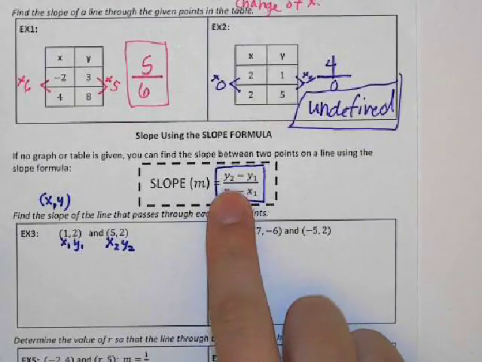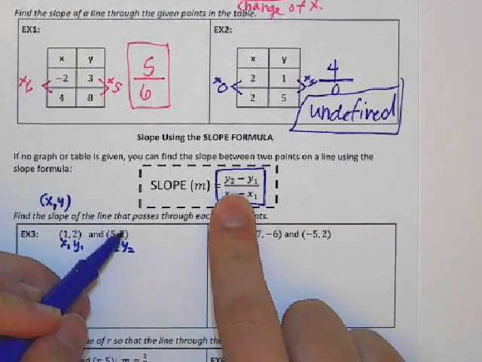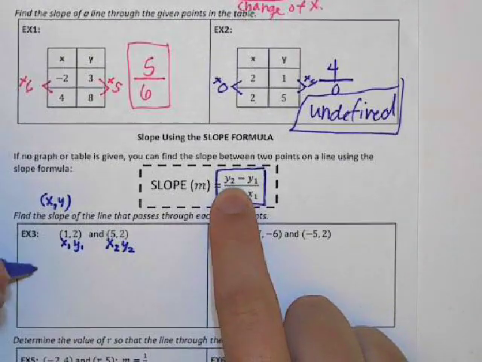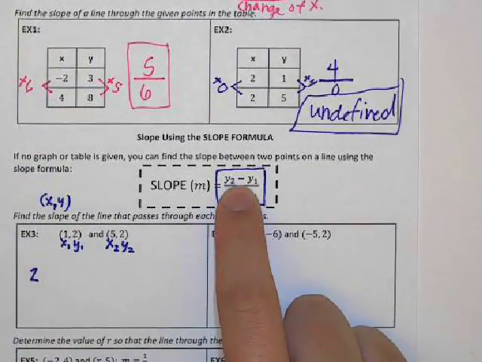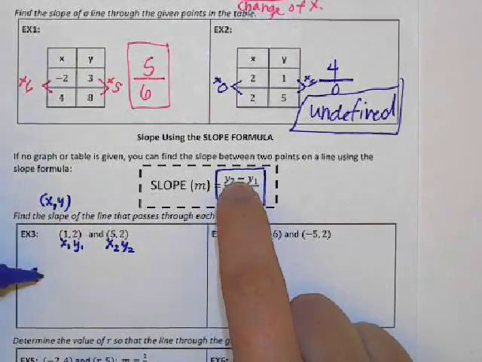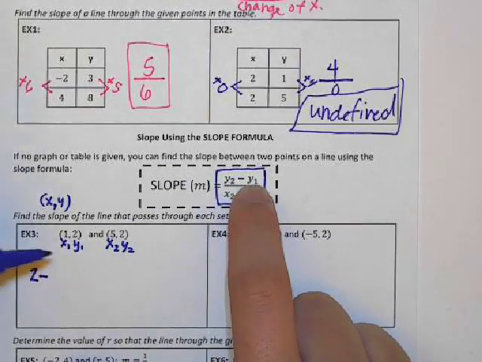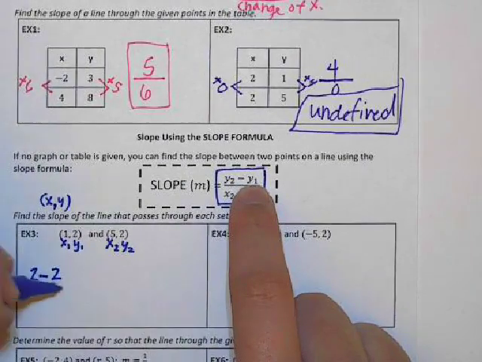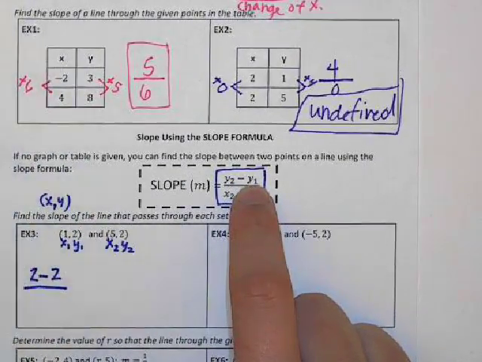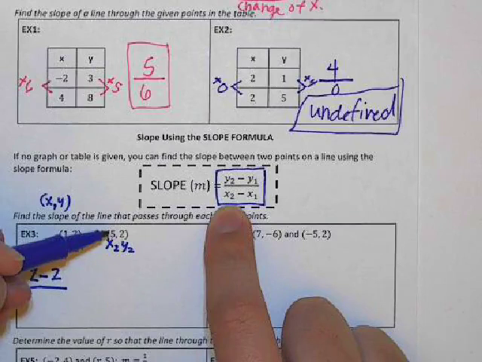So I start with the y2. Well, what is y2? Just 2. So I plug it in. And then my formula has a minus sign, so I need to put minus. And then it wants the y1 number, which is 2. Okay, I filled in the top. Now we're going to fill in the bottom. x2, which is 5.